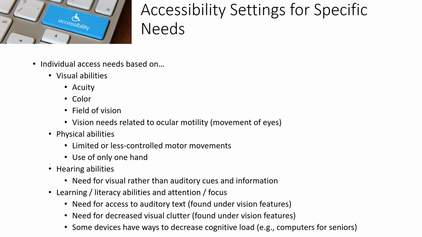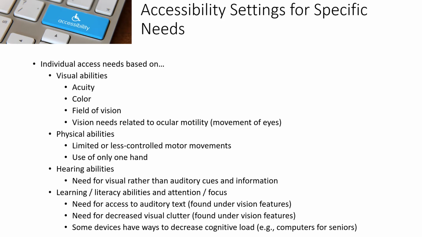And then for physical abilities, for people who have limited or less controlled motor movements, use of only one hand. For hearing, I left something off here, but need for visual rather than auditory cues and information. And then also just the ability to change some of the sound settings.